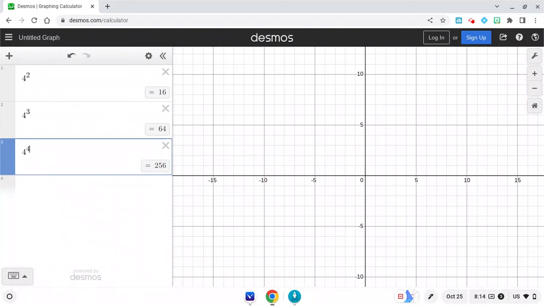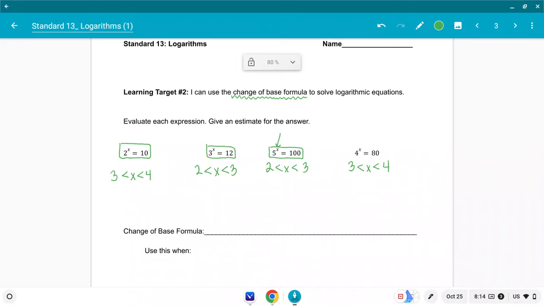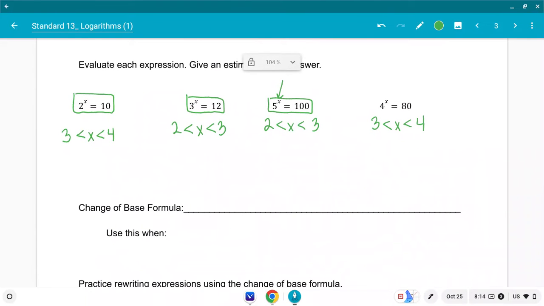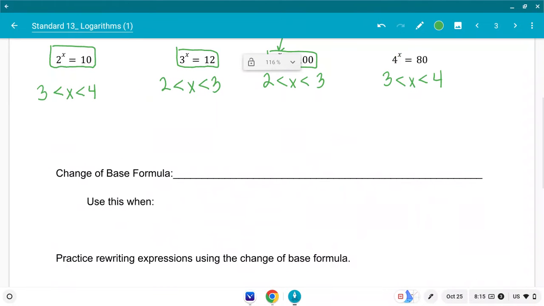Too high. So the exponent here is going to be in between 3 and 4. That's where the exponent is going to be. There is a way to figure out the exact decimal with your calculator.